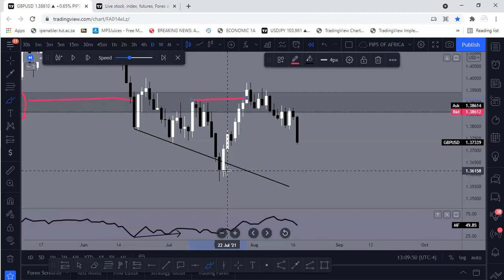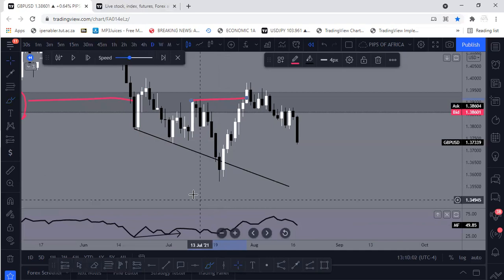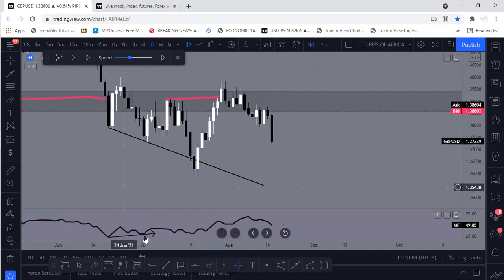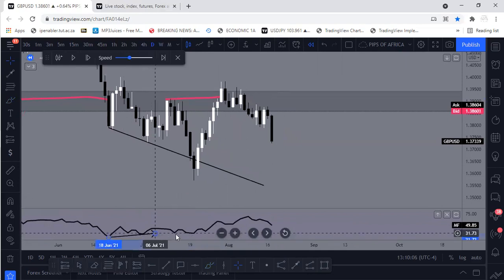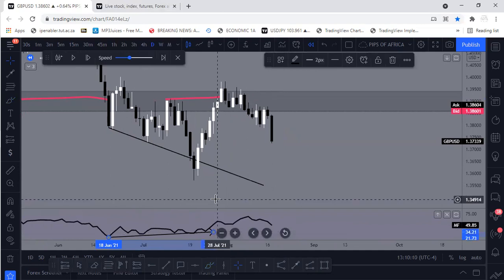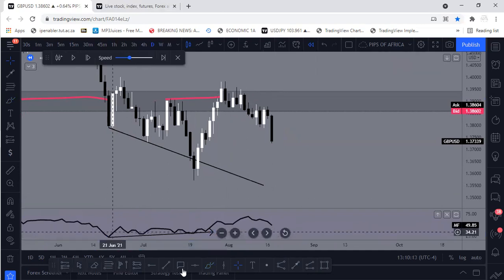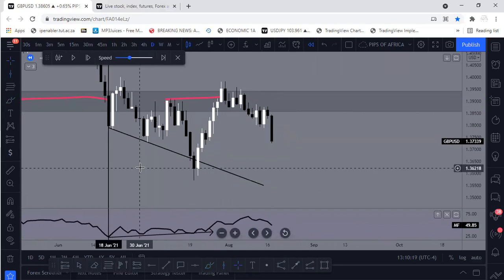Number three, the third category, the third rule. If you remember those rules, I think you have them with you there. What do we see here? Let me show you. What is happening on the RSI? The RSI is pointing to the upside, starting from which low? From this low here, right?